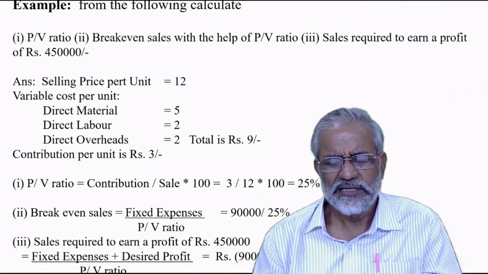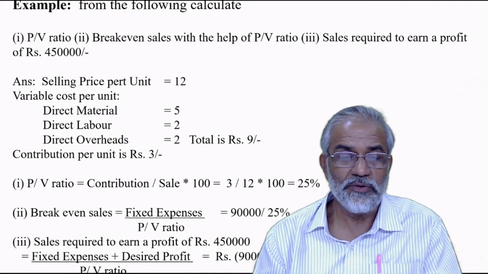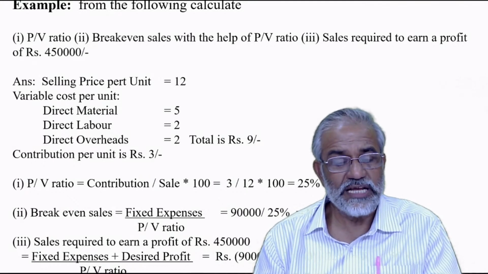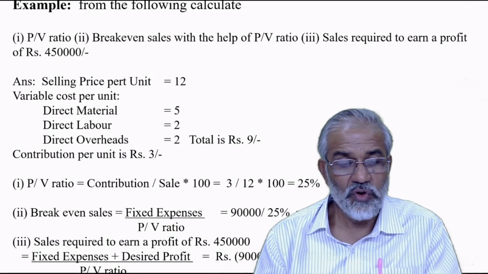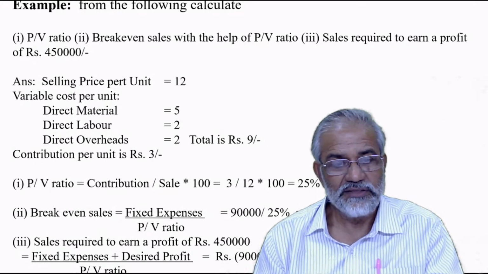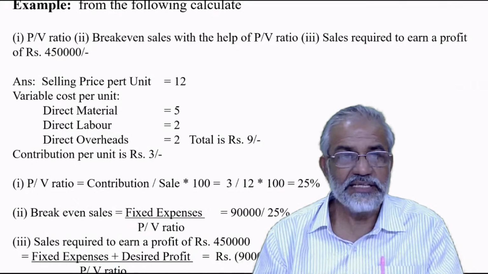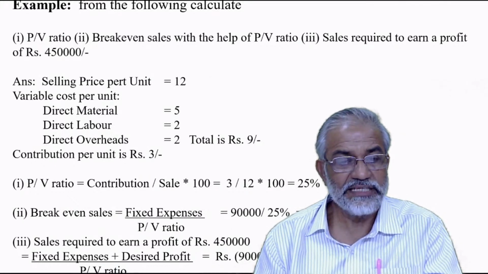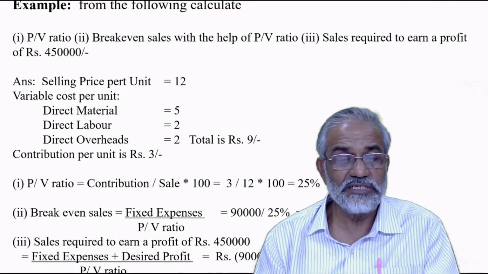What are the total sale proceeds in our hand to earn a desired amount of profit of rupees 4,50,000? In that case, the desired amount of profit has to be simply added with the fixed expenses and the whole has to be divided by PV ratio, and the result would be the sales required to earn the desired amount of profit. Here 90,000 is the fixed expenses, and the desired amount of profit is 4,50,000.